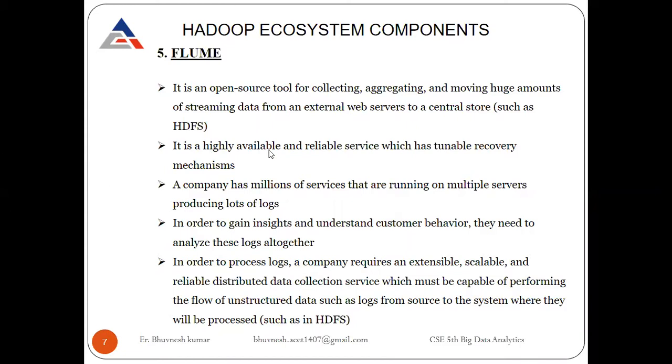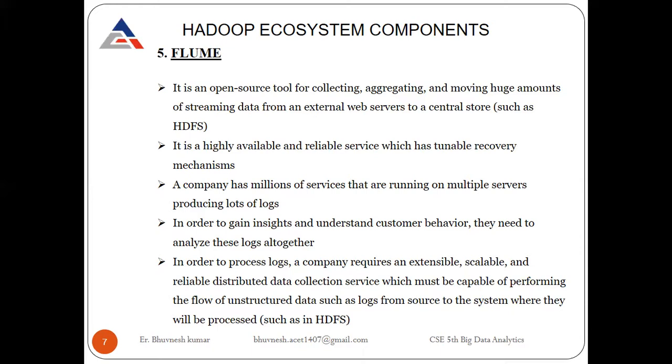Okay. It is a highly available and reliable service which has a tunable recovery mechanism. Okay, it can be recovered in future. A company has millions of services running on multiple servers producing lots of logs. For example, there are a number of companies like Google, producing millions of data in 60 seconds, and that data is distributed on different servers or different data nodes.